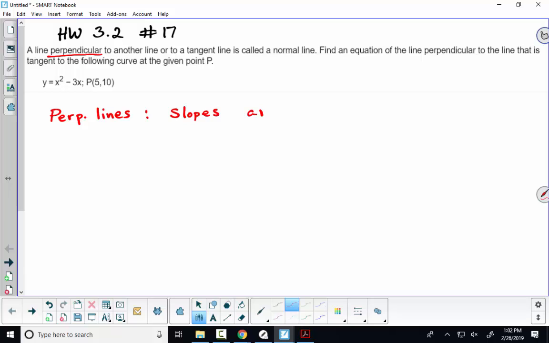Slopes are not only the reciprocal, but the negative, yeah, the negative reciprocal. So negative reciprocals of one another.